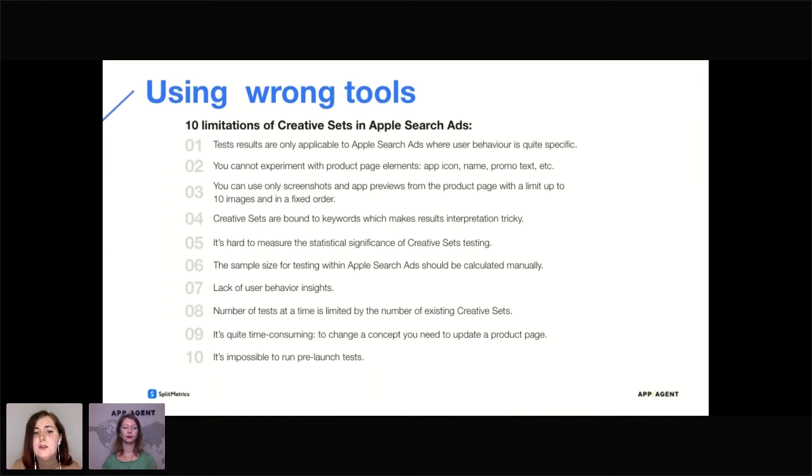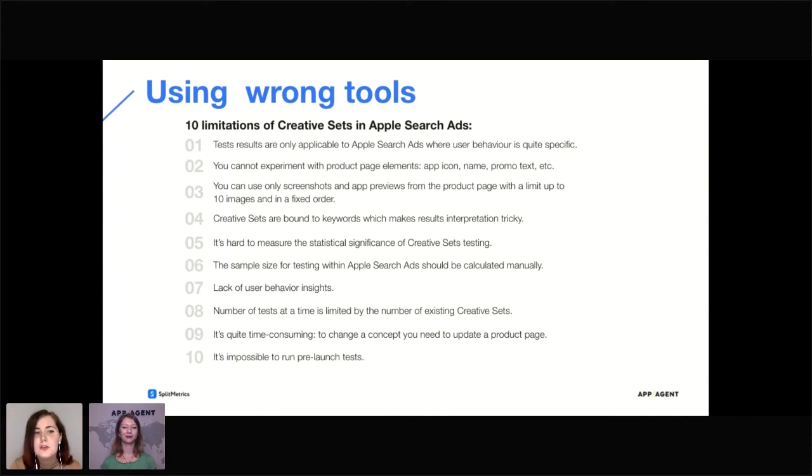And also there's a lack of user behavior insights, and the number of tests you can run at a time is limited by the number of existing creative sets. It's time consuming because to change a concept you need to update the product page. Also, it's impossible to run pre-launch tests, which is a bummer.